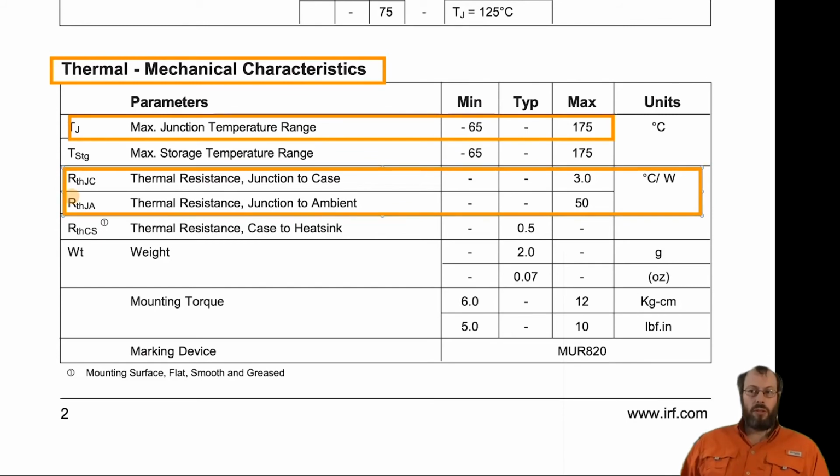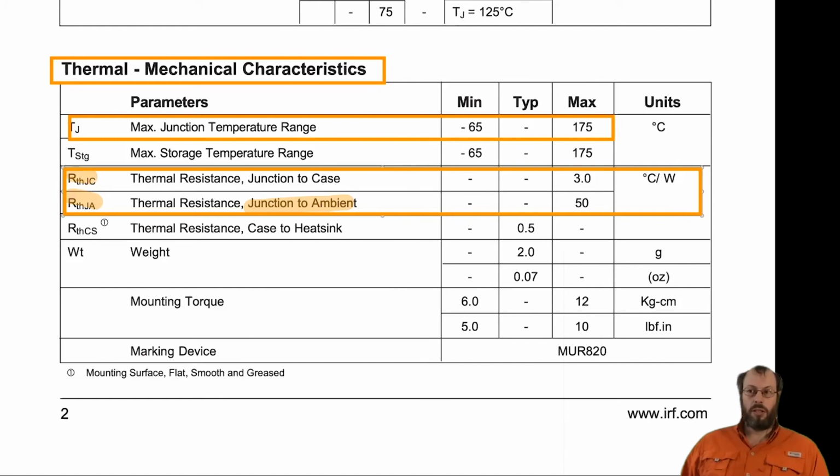The thermal resistance from junction to ambient assumes that the junction is directly cooled by the ambient temperature, so there is nothing else applied to the case other than the ambient material, and therefore no further cooling is attached to the device.